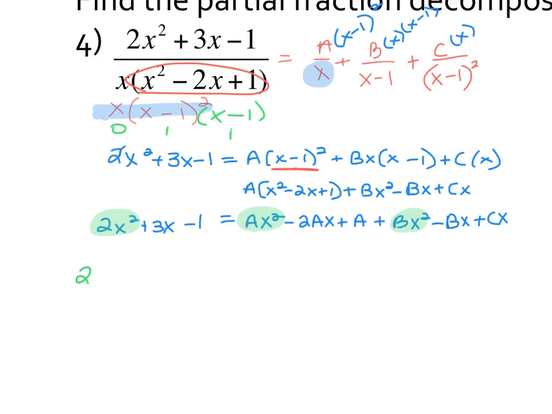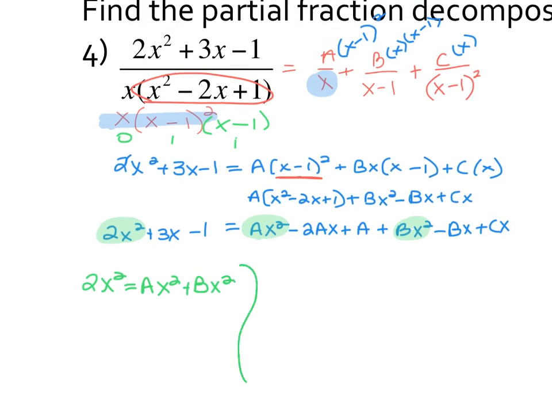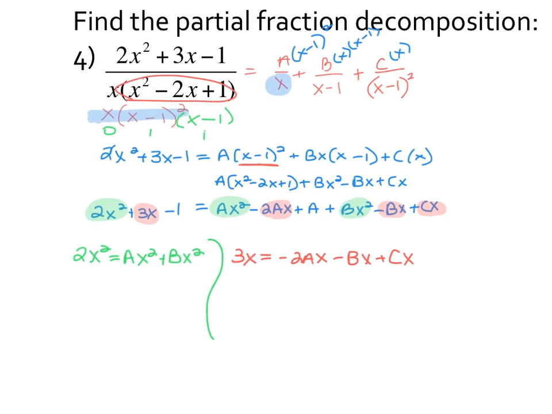So I'd get 2x squared equals ax squared plus bx squared. Then I'm going to group together all the x terms, and I get 3x equals negative 2ax minus bx plus cx. And then I'm going to group together all the ones without an x, which is just negative 1 equals a.